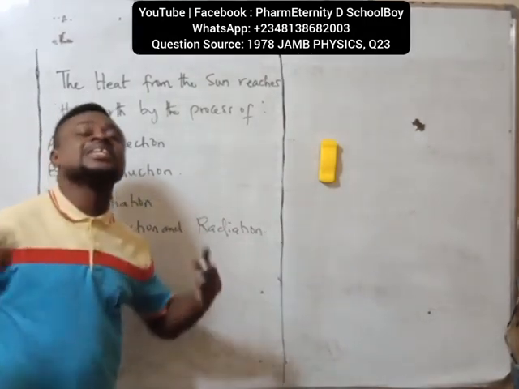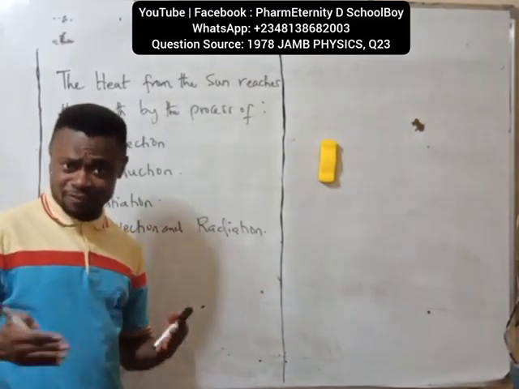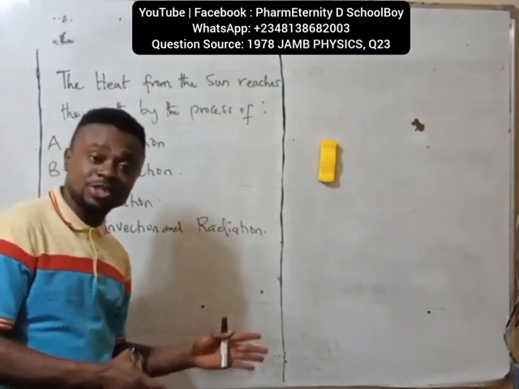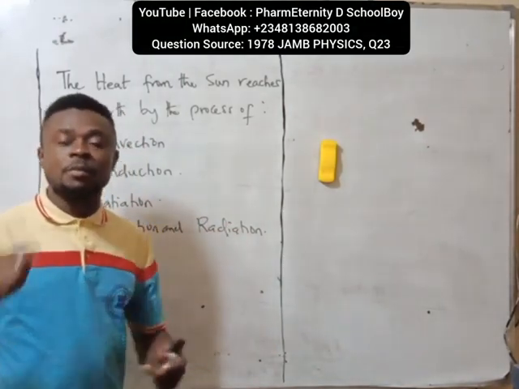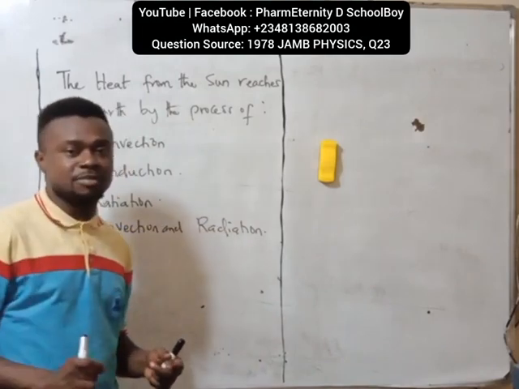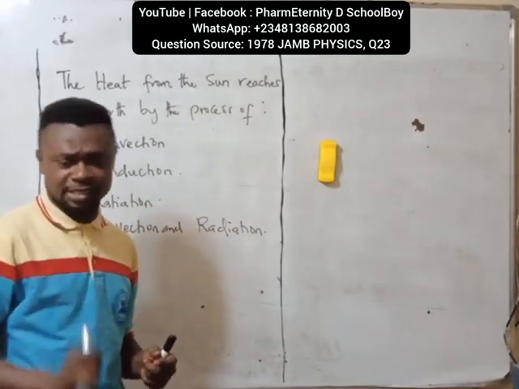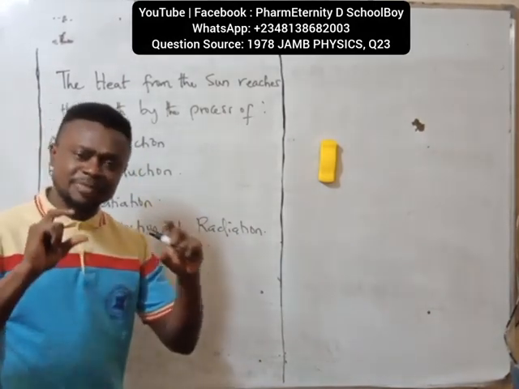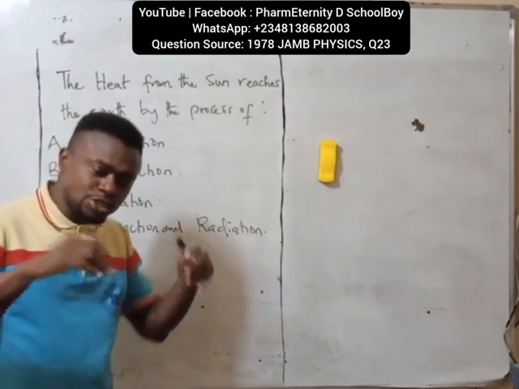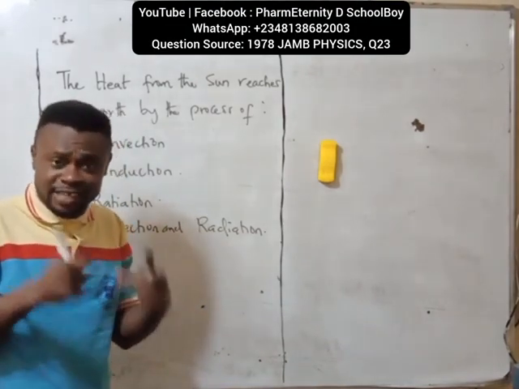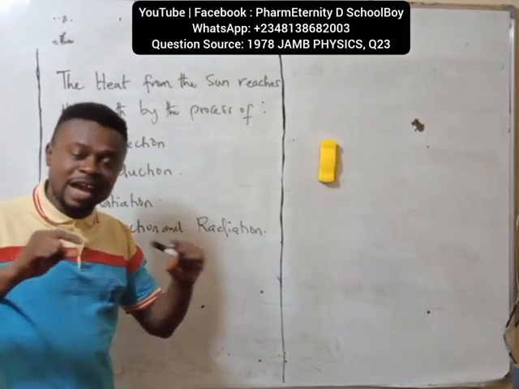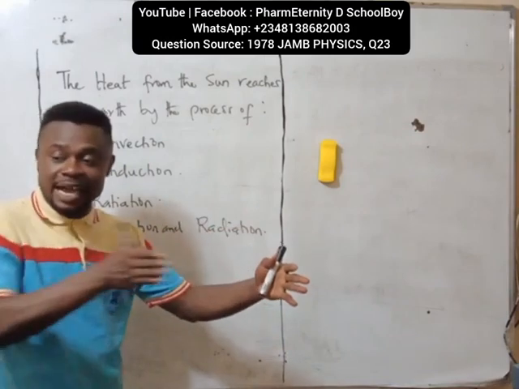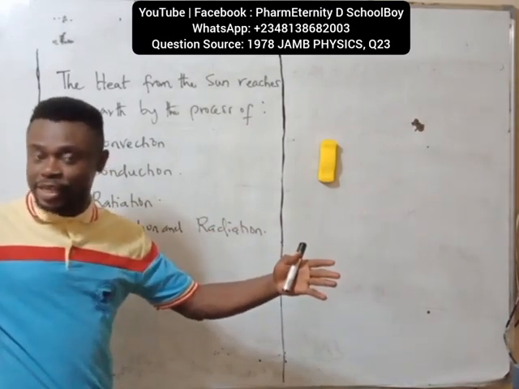Conduction is nothing but the same transfer of heat from a hot region to a cool region, but it's through a medium, and that medium is normally a solid. One thing with conduction is that the average position of the solid particles remains the same as heat moves across the particles.